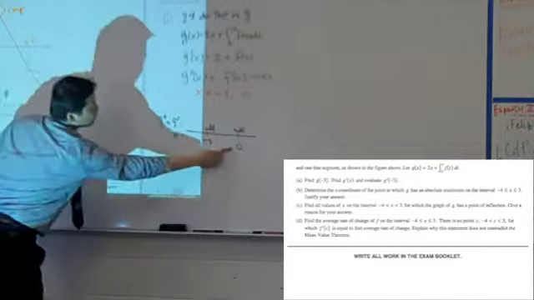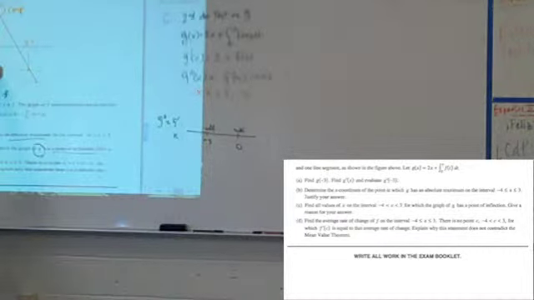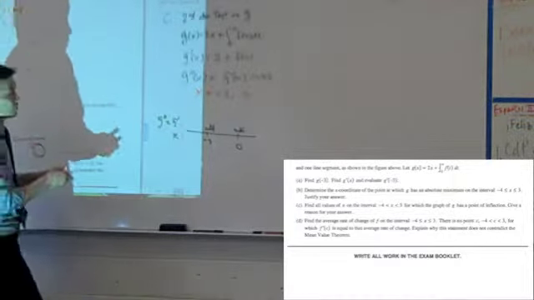So between -3 and 0, these are positive values or positive slope. What are we looking at? Slope. We're looking at slope. So these are the positive slope.